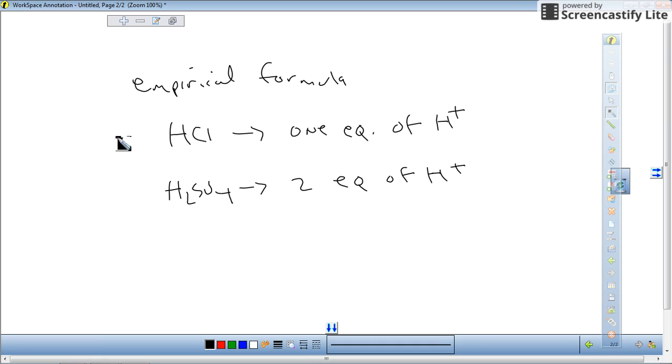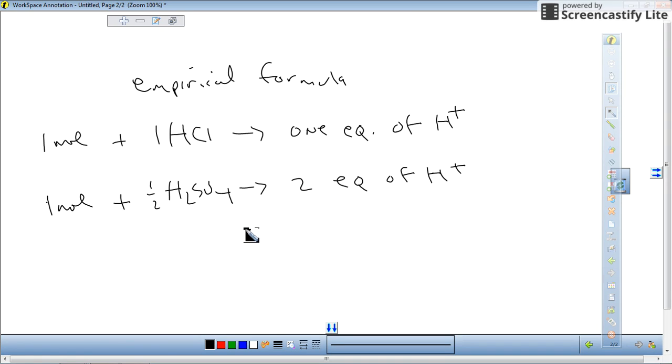So if you put in a strong base, 1 mole of base can neutralize 1 mole of this acid, whereas if I used 1 mole of base here, I could only get rid of a half a mole of this because of the 2 H's. So if we do a neutralization reaction with these, that's what's going to happen.